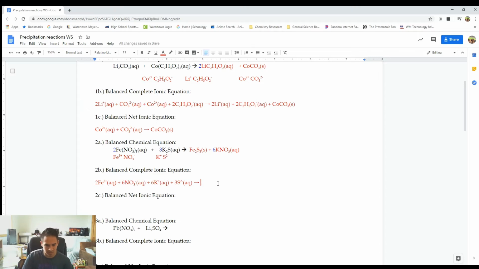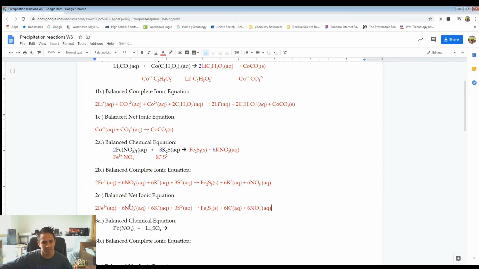On our product side, we have the Fe2S3, which is a solid, so we're going to write that as it is. And then this is aqueous, so these are going to be written as separate ions, just like they were before. And 6 NO3- ions. All right, so this is our complete ionic equation. Let's copy this.